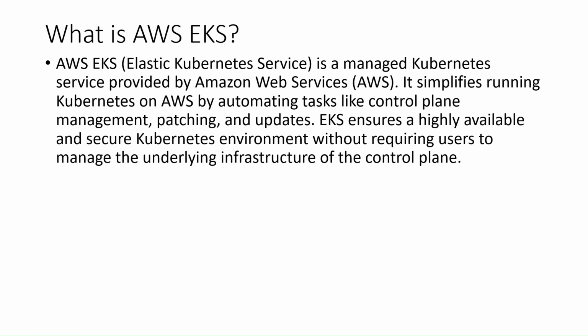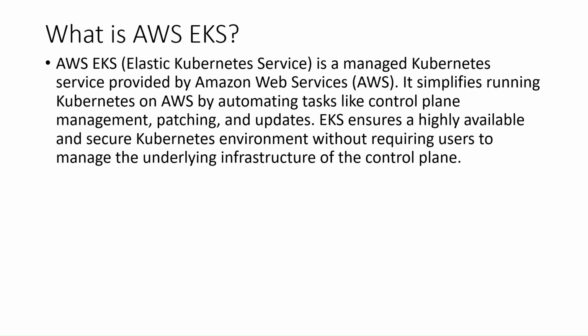That simplifies running Kubernetes on AWS by automating tasks like control plane management and patching, that is, security updates. If you want to deploy a new application, you can go and deploy it. Another point is that EKS ensures a highly available and secure Kubernetes environment.